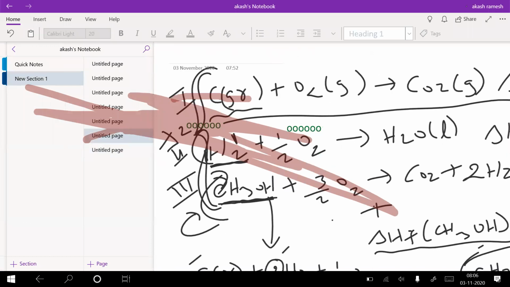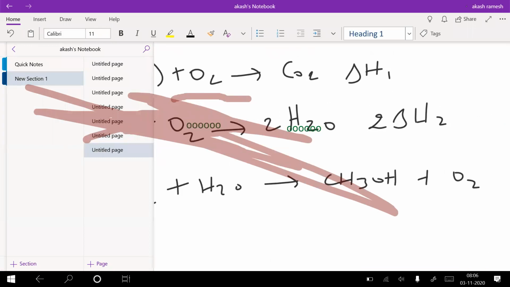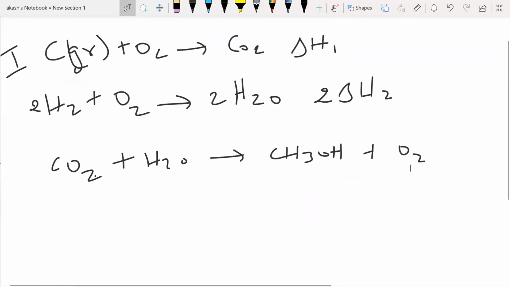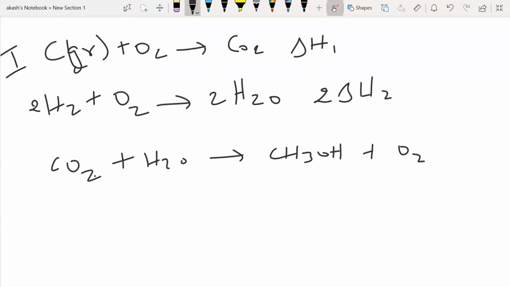So it will be 3 by 2 O2 and 2 H2O. Yes. So for this it is minus delta H3. Whatever it was, I'll reverse it. So it will become minus of whatever it is, right?